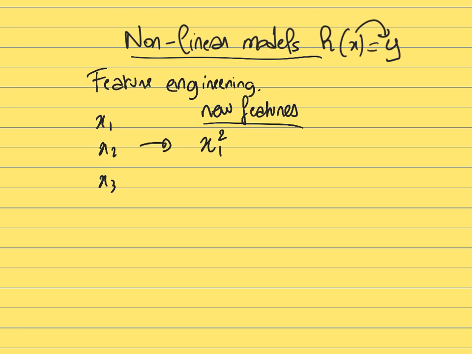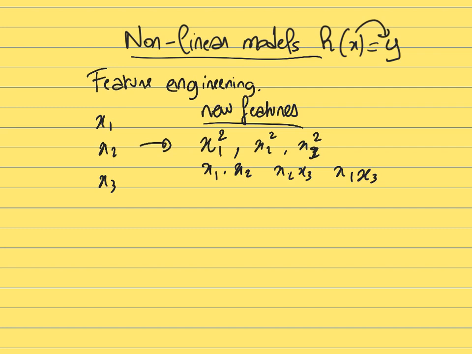So in this case, if you just focus on quadratic features, you would create the square of x2, you would create the square of x3 as well. But you would also need to create the cross terms. You will need to create the term that is x1 times x2, the term that is x2 times x3, and the term that is x1 times x3.